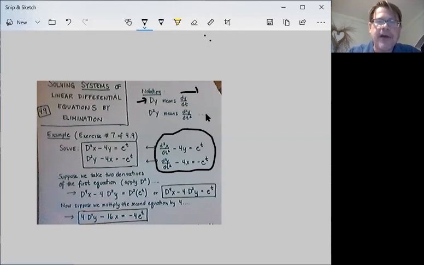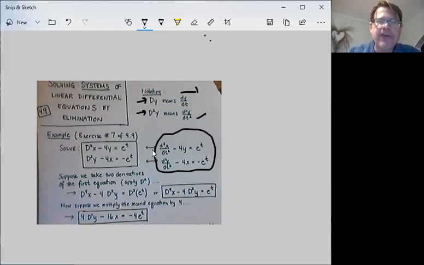Similarly, if we wanted to talk about a second derivative, d squared y dt squared, in differential operator notation, we could refer to that as D squared y. Just a shorthand notation, but it will help make our equations simpler to write.